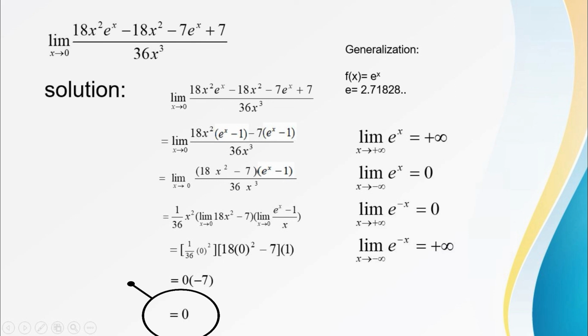Therefore, the limit of the exponential function 18x squared e to the power of x minus 18x squared minus 7e to the power of x plus 7 all over 36x cubed as x approaches 0 is 0.